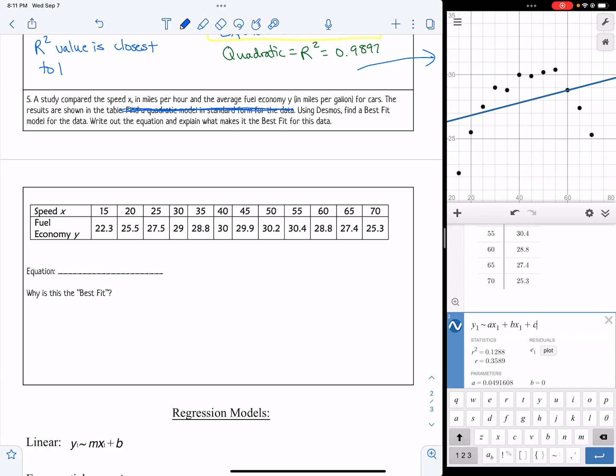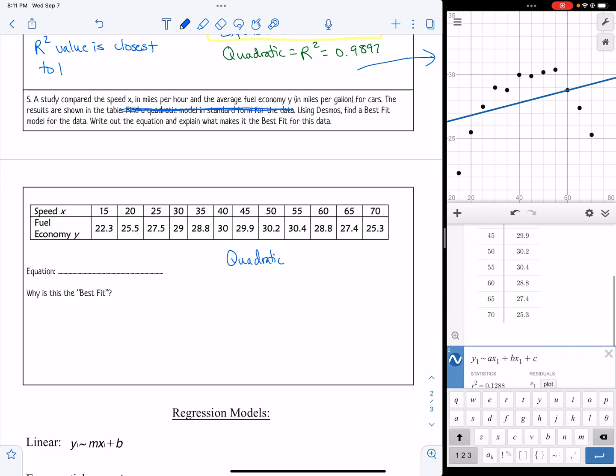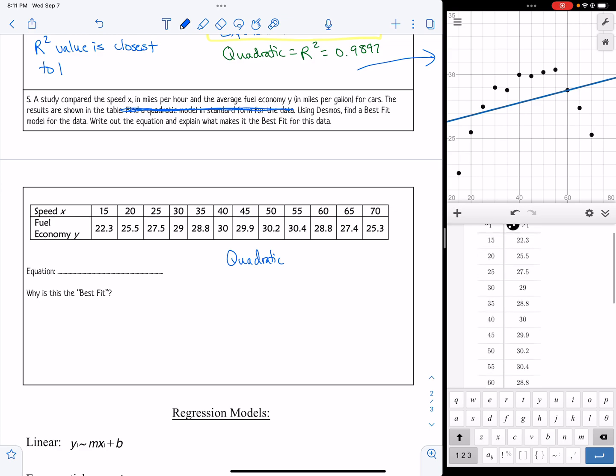Okay, so quadratic, let's write a note, R squared is 0.1288. That looks really low. Did I miss a number anywhere? Anything look strange?